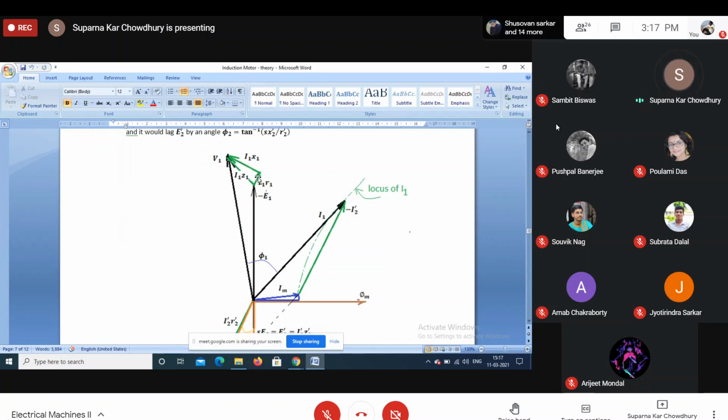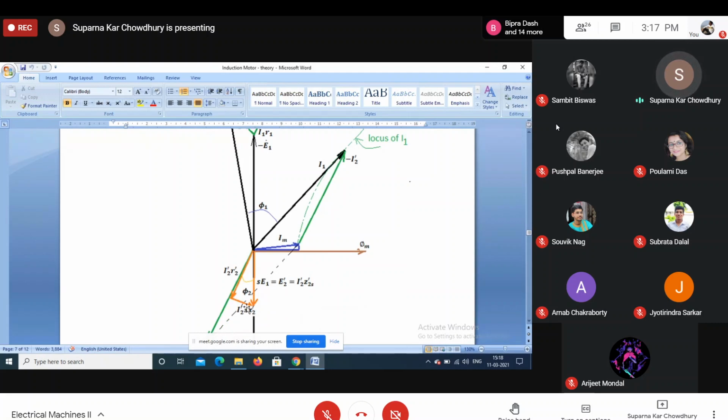Now I1 R1 into I1 will give you I1 square R1, the copper loss. Now I1 X1 and I1 are perpendicular, so there is no active power corresponding to this. Besides this, we will have minus I1 into this loss component, which will give the core loss, and the rest is this current and the angle between these two.